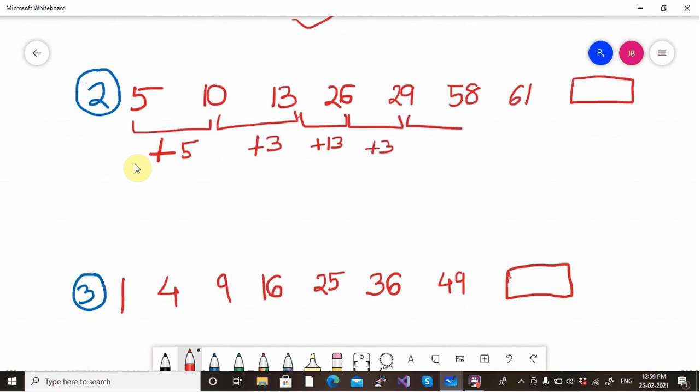And 29 to 58, what will be the difference? That is plus 29. What will be the difference between 58 and 61? It will be plus 3.